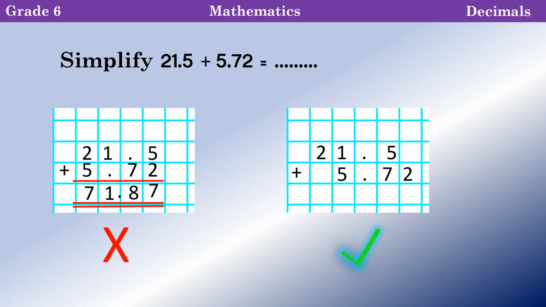Second decimal place digits are written straight downwards. First decimal place digits are written straight downwards and the decimal point is written straight downwards, and ones place digits and tens place digits are also written straight downwards.